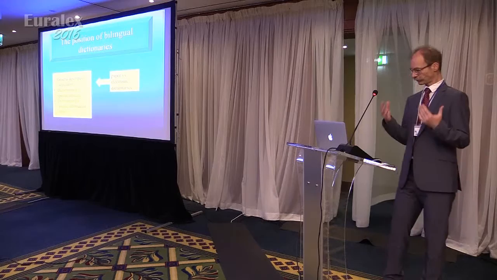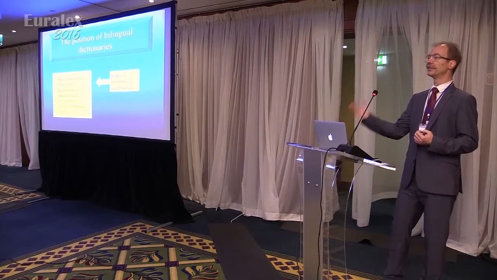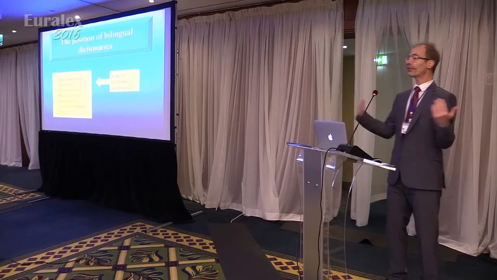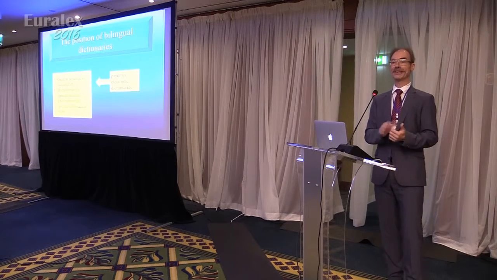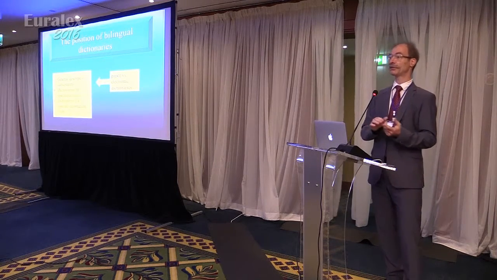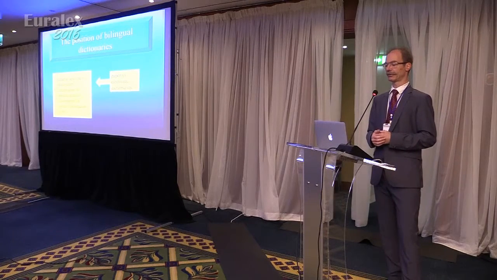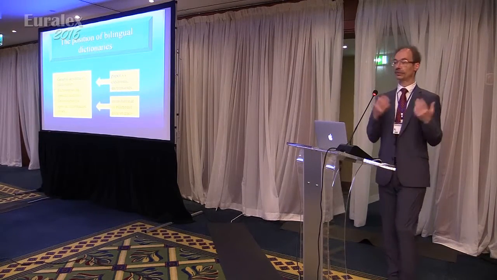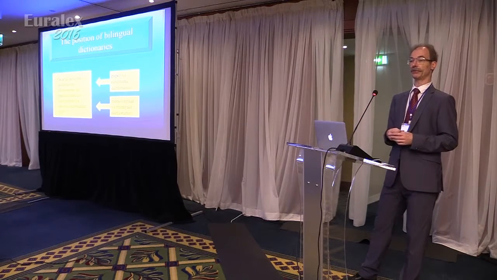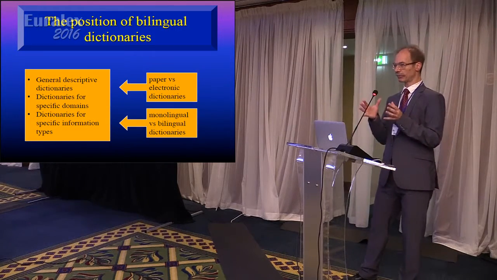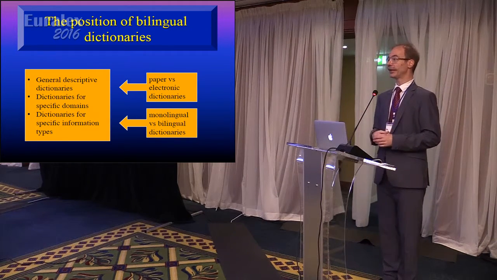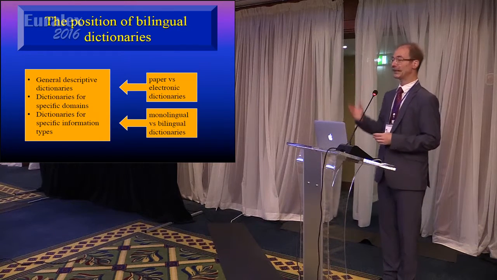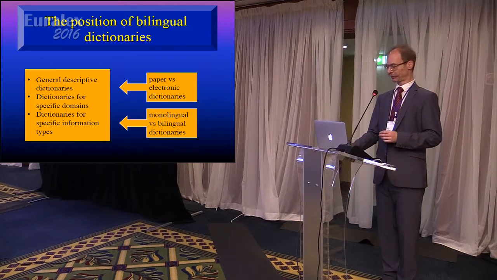The opposition between paper dictionaries and electronic dictionaries is orthogonal to this distinction of what kind of dictionary do we have, general or specialized, specialized for domain, for information type. And in the same way we find this for the opposition between monolingual and bilingual. So there's no sense in which this can be adequately represented in a tree. It should be a multi-dimensional matrix, at least 3 dimensions, if you believe this representation.